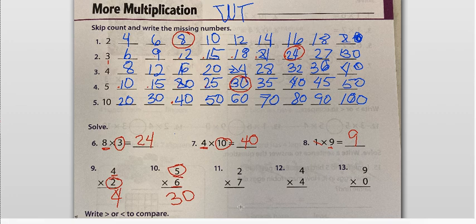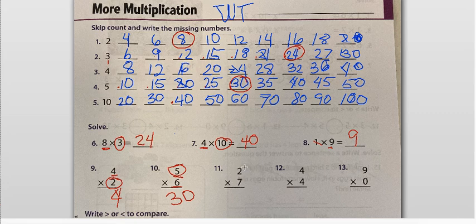Now we have 2 sets of 7, but then we don't have skip count by 7 here because we only have 2, 3, 4, 5, 10. Now remember that in factors, you can do it the other way around. If we don't have skip count by 7, then we could use the skip count by 2s.